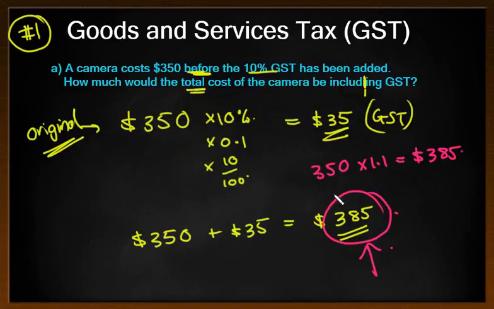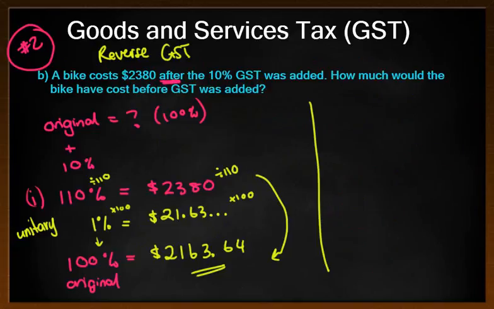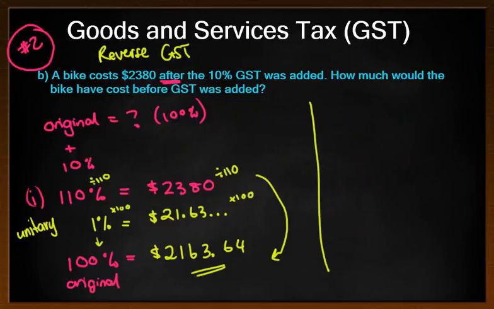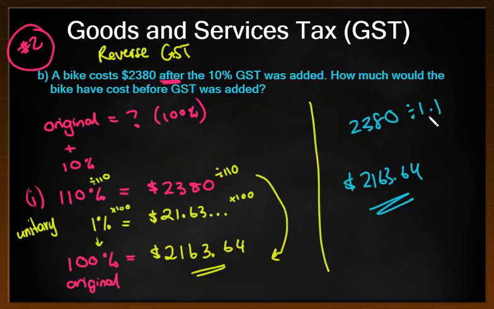So the more advanced method is doing the opposite of that, and you could actually go 2380 divided by 1.1, and if we whack that in our calculator, we actually come out with our 2163.64 automatically.